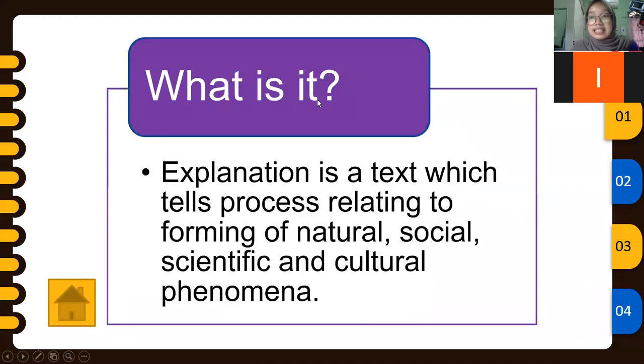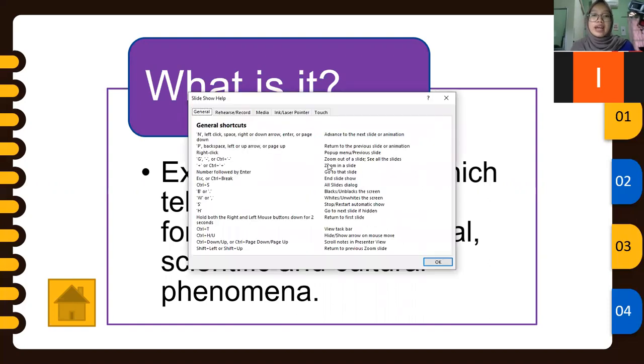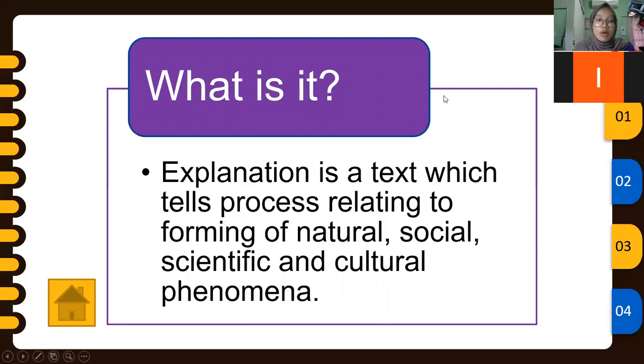Explanation text is a text which tells the process relating to the forming of natural, social, scientific, and cultural phenomena. Yes. Explanation text is to say why and how of the forming of the phenomena. It is often found in science, geography, and history textbooks.